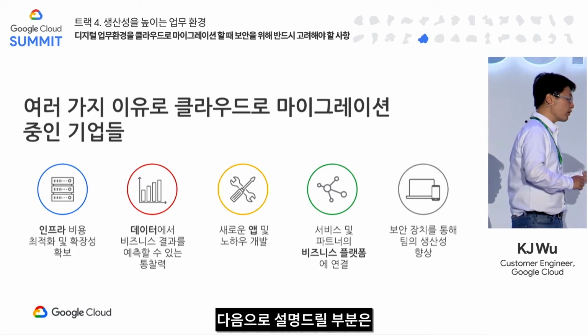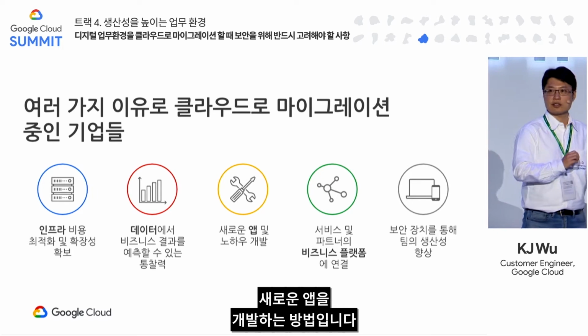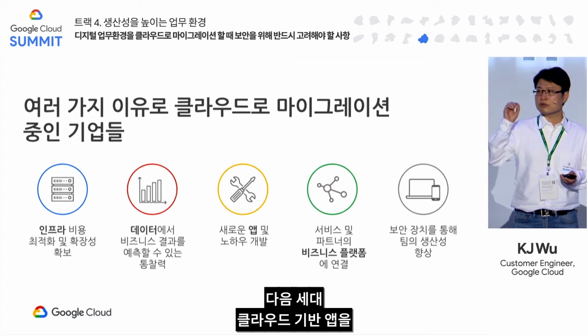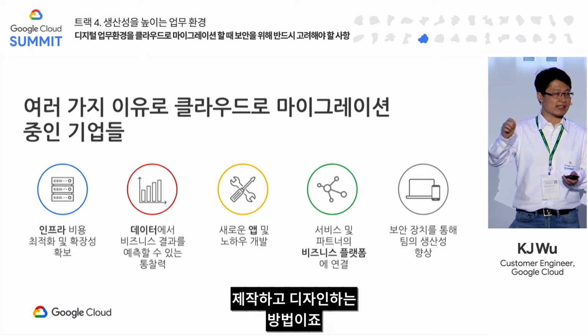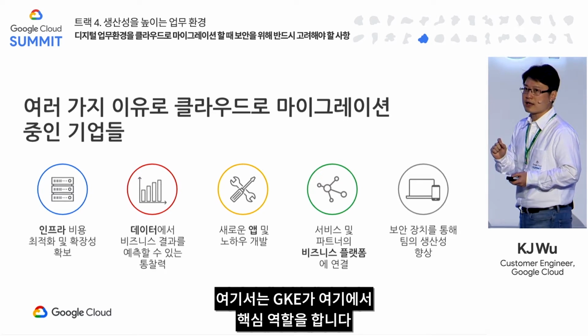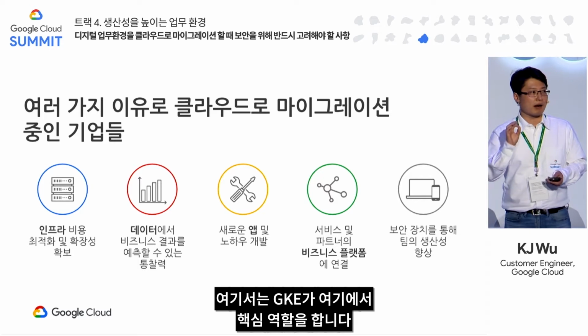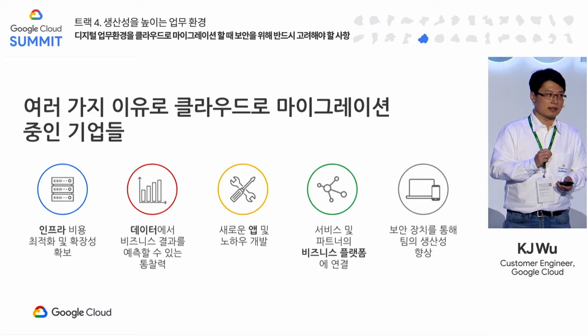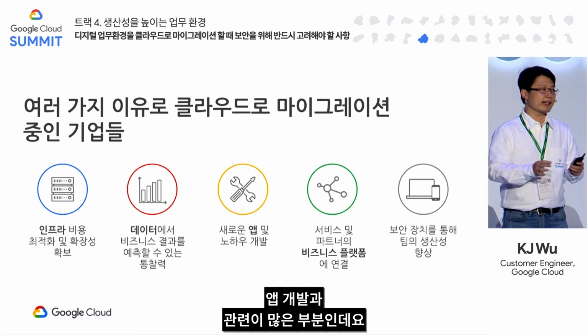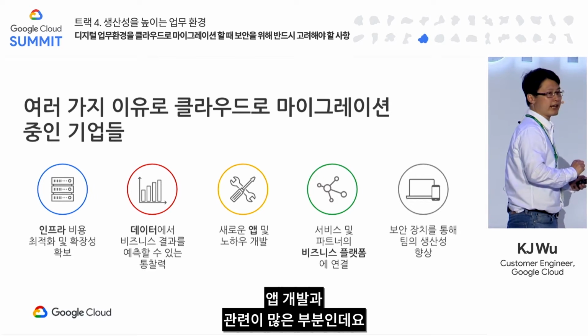Next, there's also a section talking about how to use Kubernetes and how to design your next generation cloud native application architecture. I think GKE will play a key role there. Those topics are more related to application architecture.